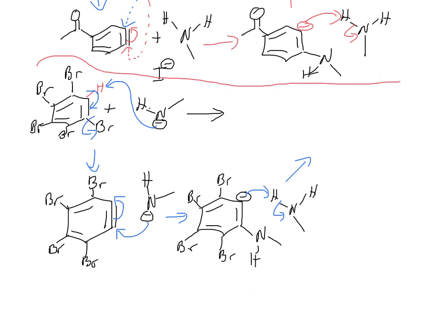So this would be even harder to distinguish between nucleophilic aromatic substitution and the elimination addition. But you could argue either way. You could say, well, this is still a strong base. That's more likely for elimination addition. It's going to act like a base first before it acts like a nucleophile.